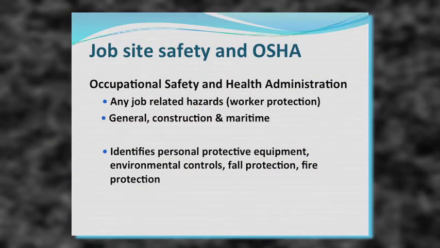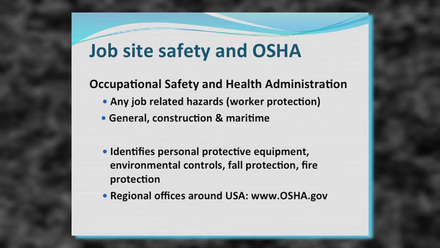They also identify personal protective equipment that you may need, depending on if you're working on a new construction or something like that. Your fall protection, all your environmental controls, everything else like that. Make sure that you're familiar with the OSHA standards that are relevant to your job before you go out onto a job site.